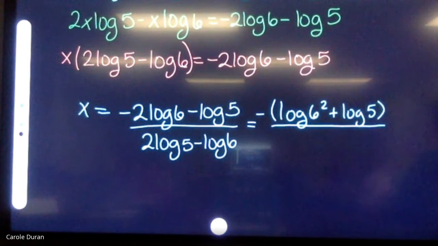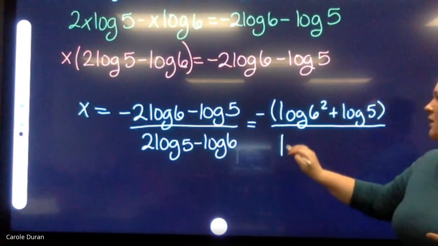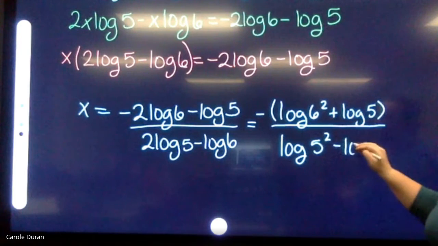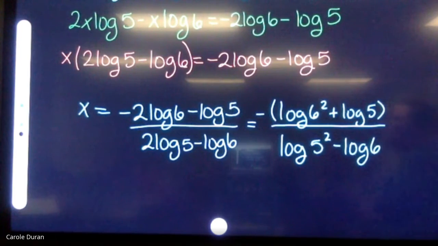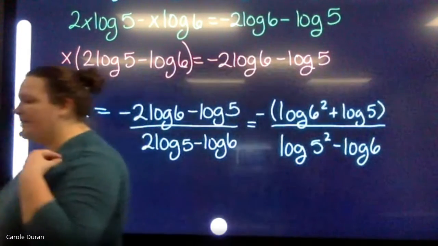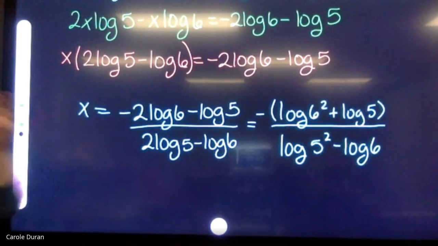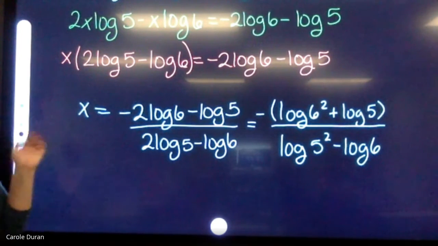In my denominator, they're not both negative, so I can't do that. So I'm just going to rewrite it with the exponents. Then this one becomes log of 5 squared minus log of 6. I know that addition is going to change into multiplication, and then the subtraction is going to change into division.